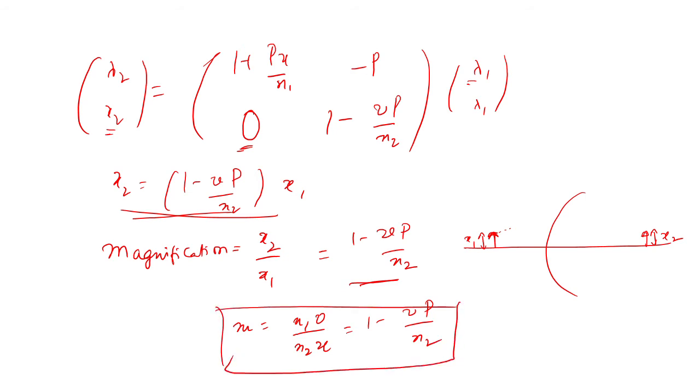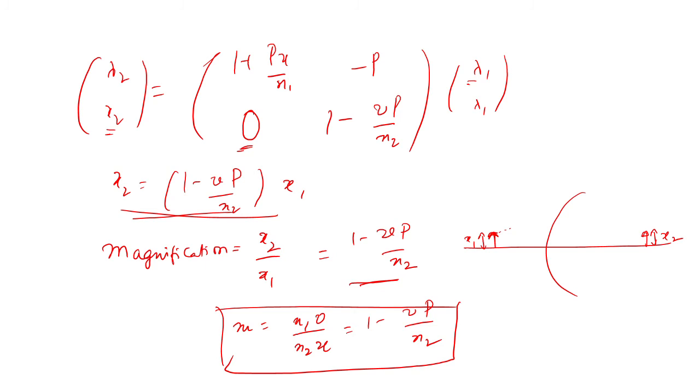So in this lecture, basically what we have looked at is we have established matrices for translation and refraction. I will also upload a PDF file. I would urge you to go through those and do these things yourself so you understand where we are coming from. And then after having established the matrices, we have seen how we can follow the path of a ray just by using matrices.